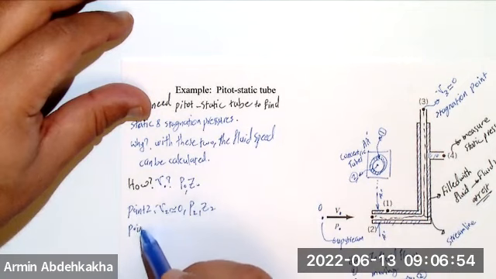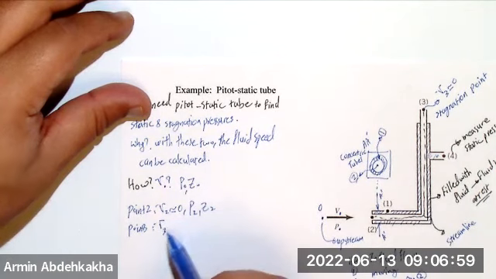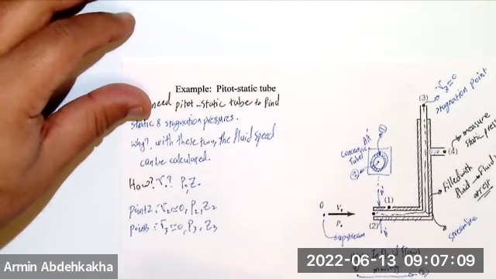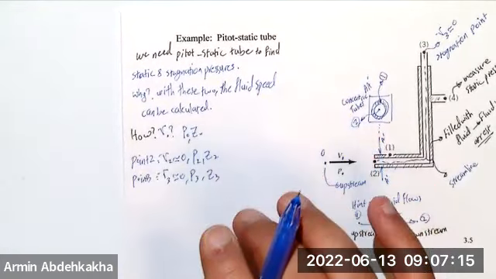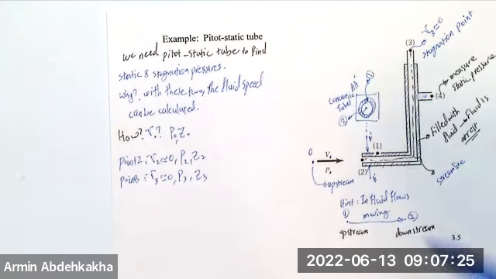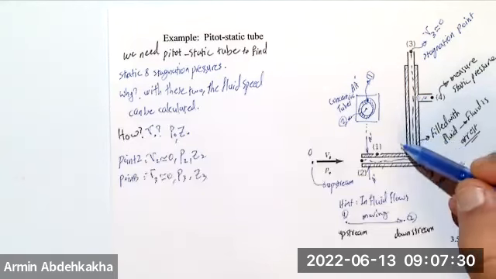At point 3, the same situation: the static pressure and Z3. Okay, but we are making a strange assumption here, but it's not that much wrong because the size of this Pitot tube is not that big.